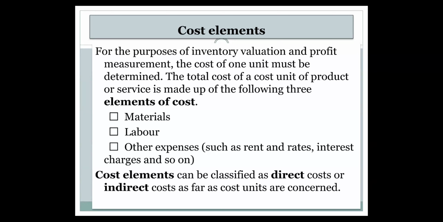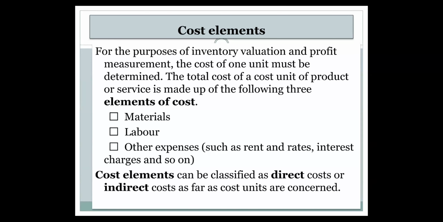Basically three elements. So if any question comes in our exam about the total cost of a cost unit of a product or service, we have to give the answer with three elements of cost. They are material, labor, and other expenses.